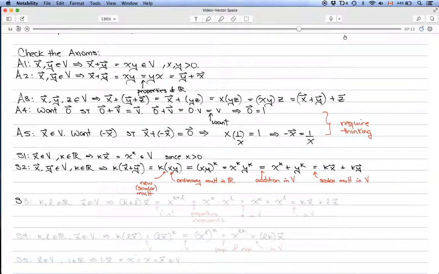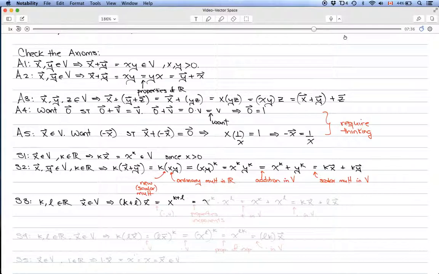For S3, we take two real numbers, so let's say k and l, and an element of V. And we need to show the distributive properties over the real numbers. So let's consider k plus l times x, which by definition is x to the power k plus l.